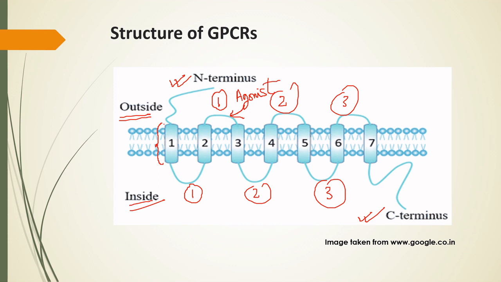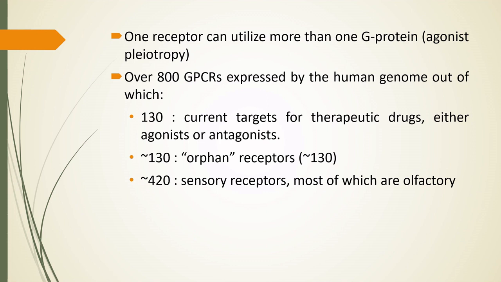Once agonist is bound, a number of events are going to occur at the subcellular level. What are the events? Now we will see. Now one single GPCR can utilize more than one G protein, and this concept is known as agonist pleiotropy.